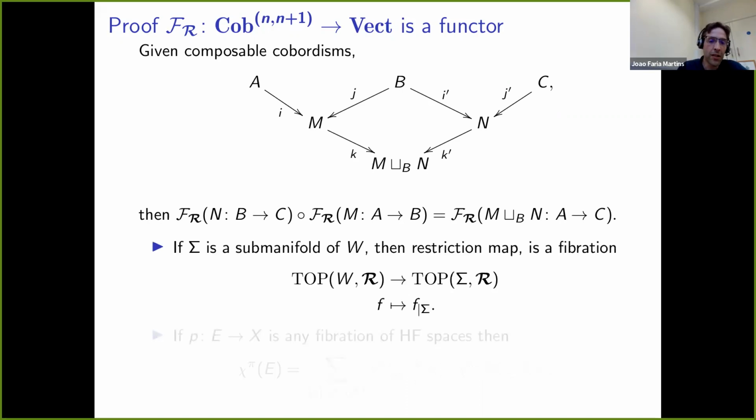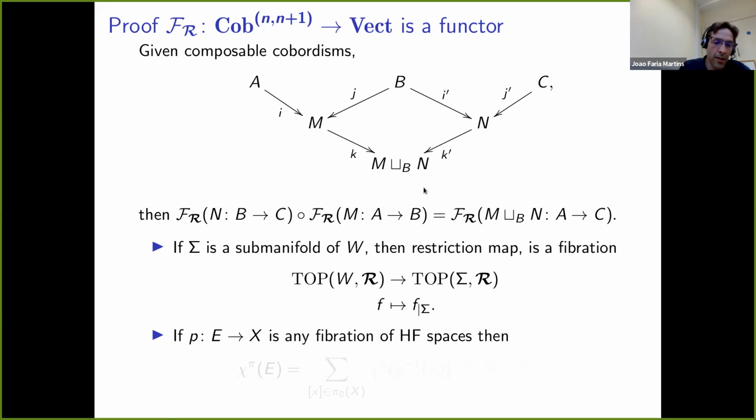So first of all, if I have any submanifold of a manifold, I can consider the restriction map, from functions on the big space to functions on the small space. This is always going to be a fibration as long as sigma is a submanifold of W. And therefore I can apply this result to prove that the inclusion of B into this joint union is a fibration.